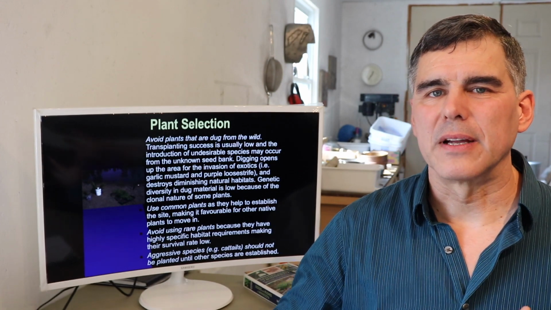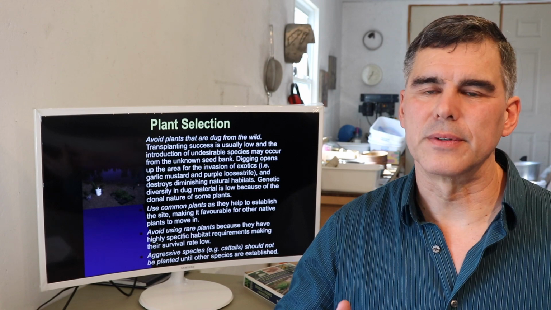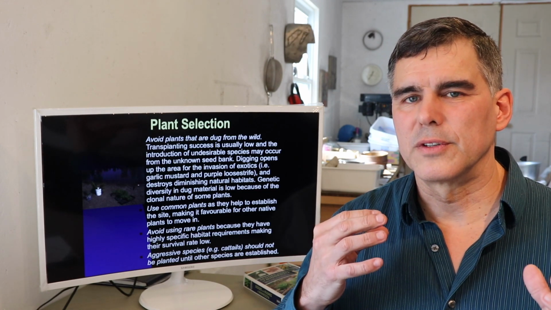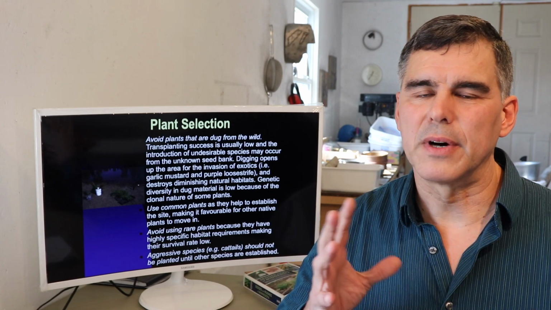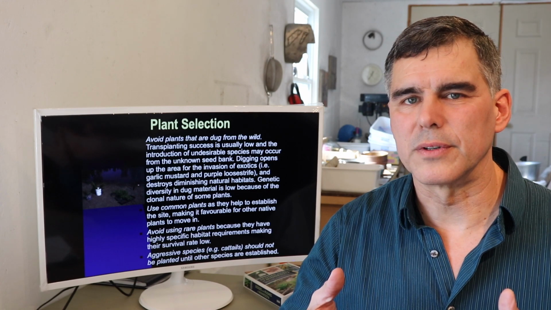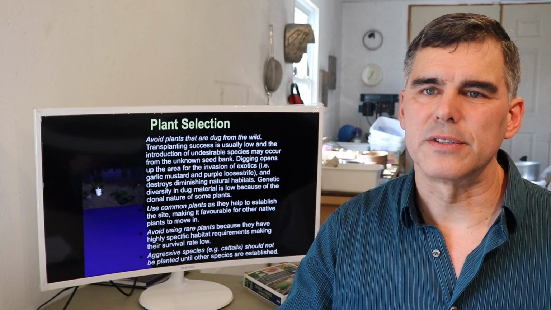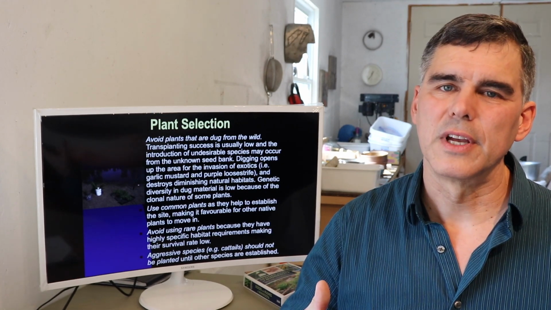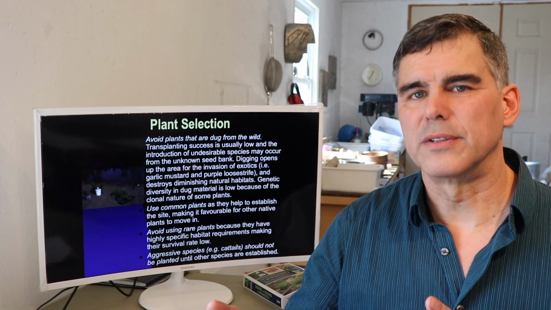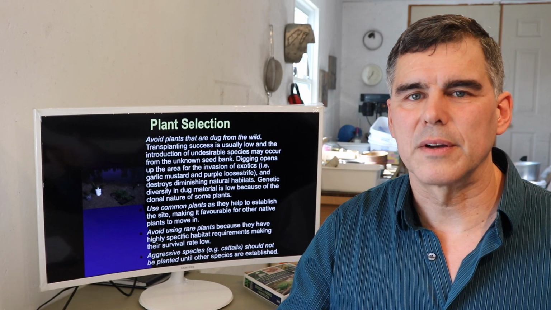When you're choosing plants, it's really important to use the most common species found within the ecosystem. Originally, those common species are the ones that create the ecosystem and modify it to be beneficial in the future for rarer species coming in. Initially you're using the common species, and you also want to make sure you're using species that are not dug from the wild, because you're damaging the ecosystem that's there. It's very easy to collect the seed and grow the plants up.